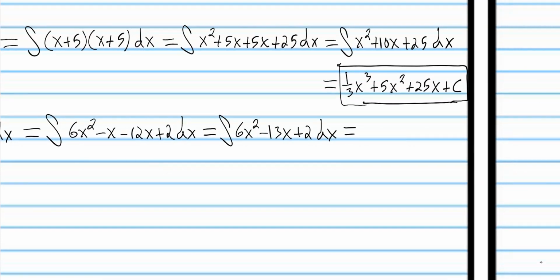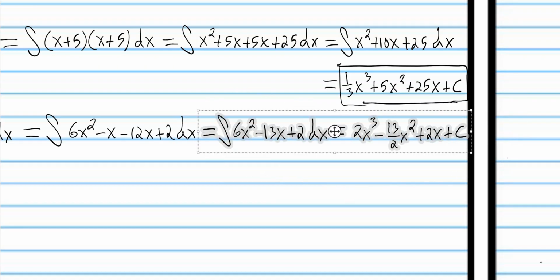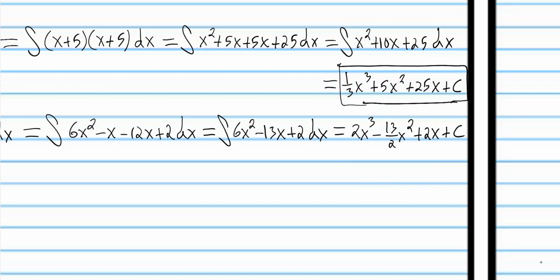Okay, so now we are going to find the antiderivative, and looks like we have 2x to the third power minus 13/2 x to the second power plus 2x plus c. And that is the family of antiderivatives that we're looking for.